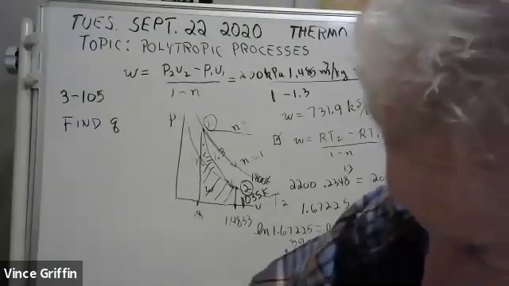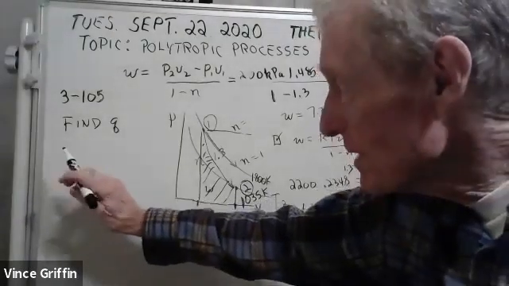I think it will be 1Q2 equal MCV, open parenthesis, T2 minus T1, close parenthesis, plus 1W2. Say that slowly, Reagan. I'll write it.